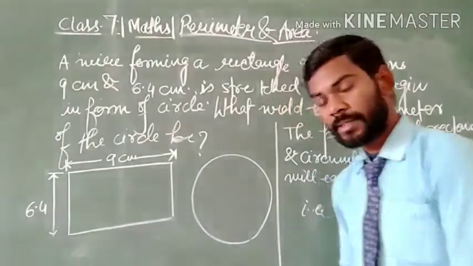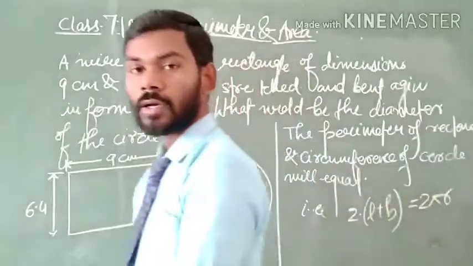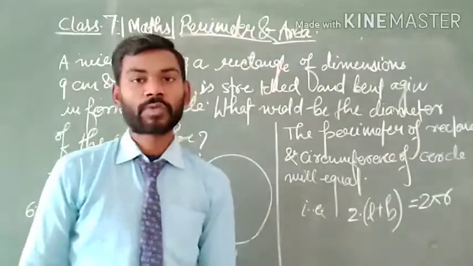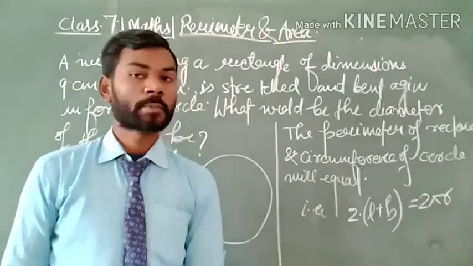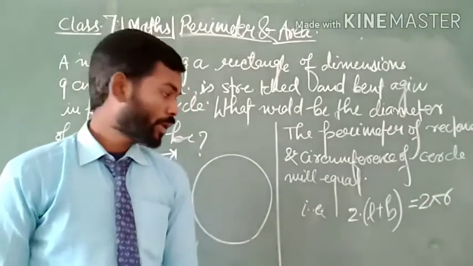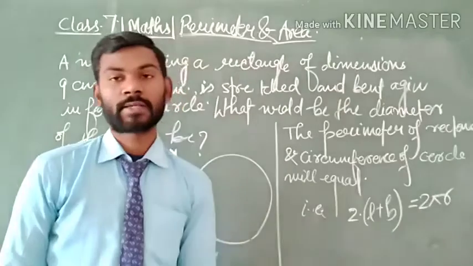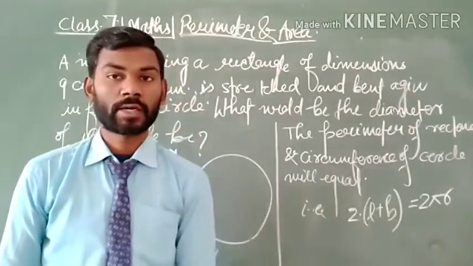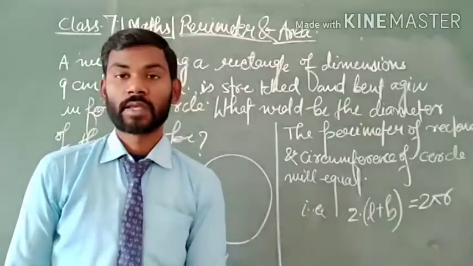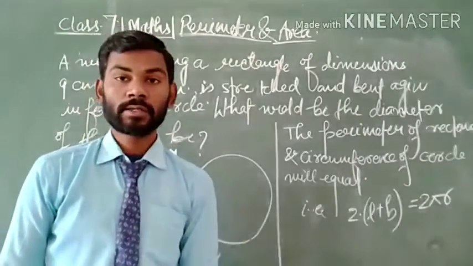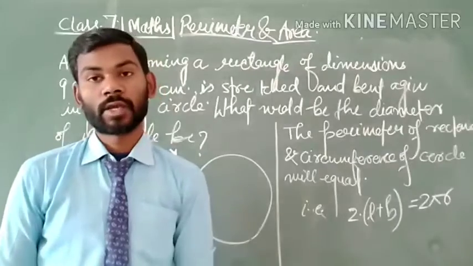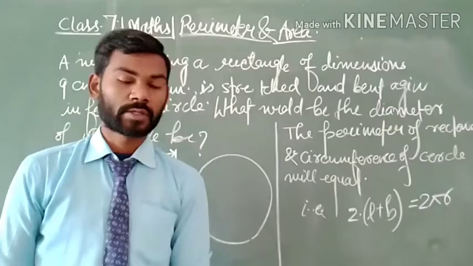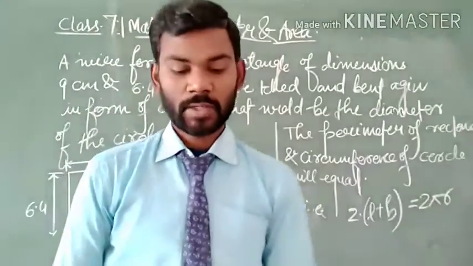Okay, so since the perimeter of rectangle and the circumference of circle both remain the same, whenever we substitute the values as given in the question, we can easily find the radius of circle, and twice the radius will give us the diameter of circle. So students, now let us start its solution.